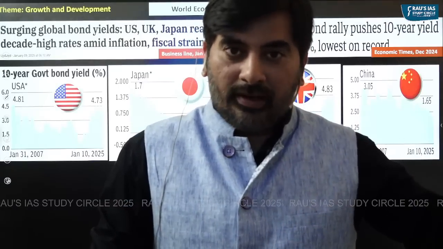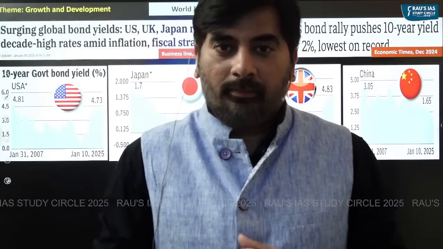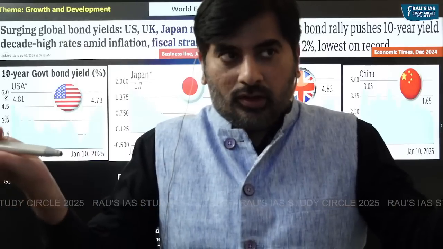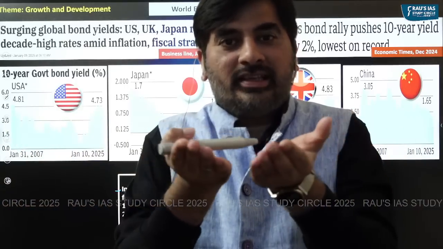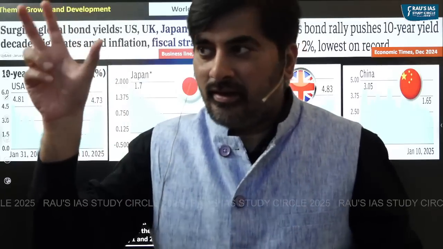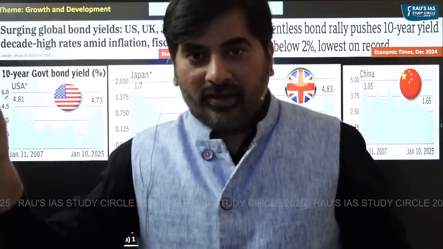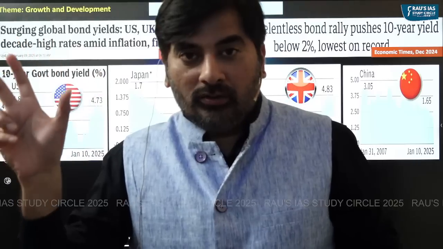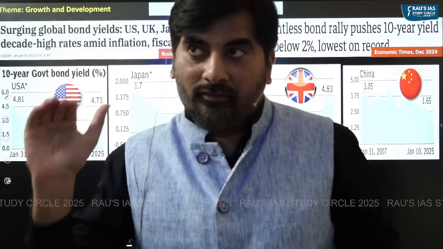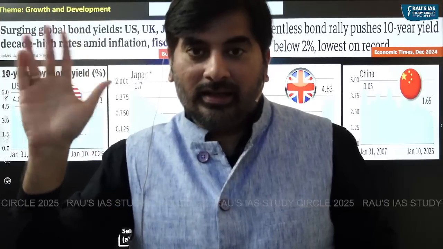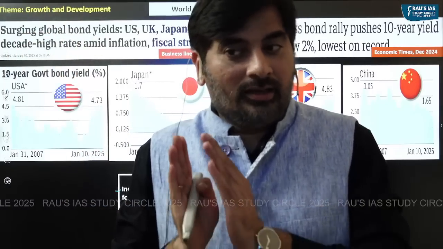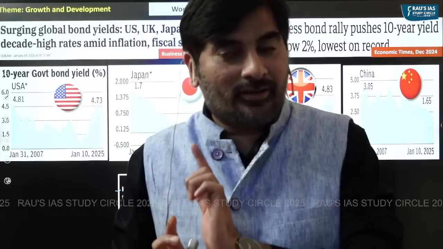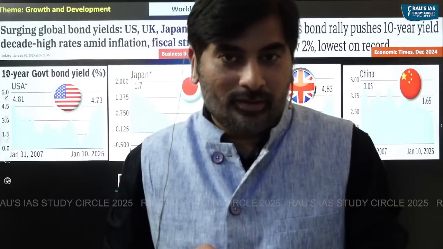It is also determined by borrowings of the government. So you should look at the net effect of all these three factors, that is rate of interest, inflation and borrowings, to understand how the bond yields will get affected, whether the bond yields will increase or decrease. You can't just look at one single factor of rate of interest.